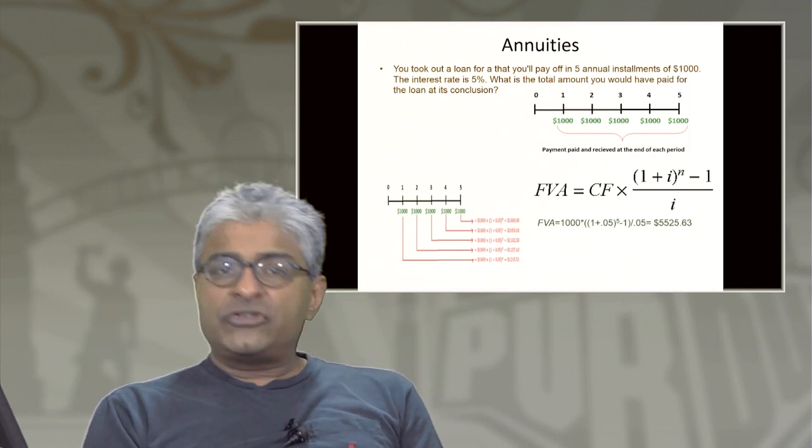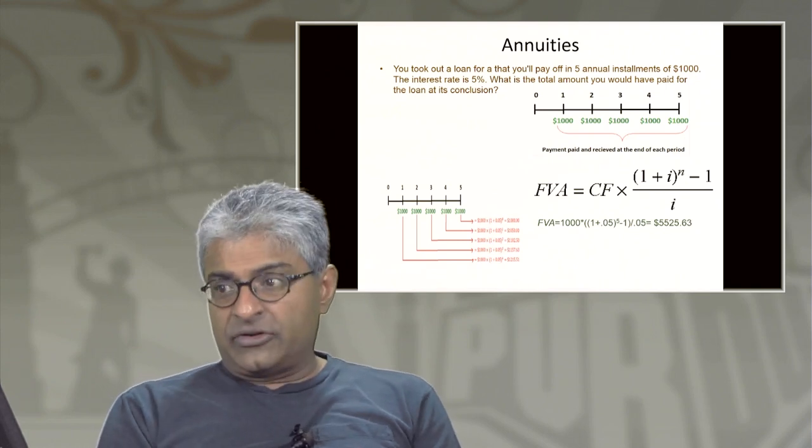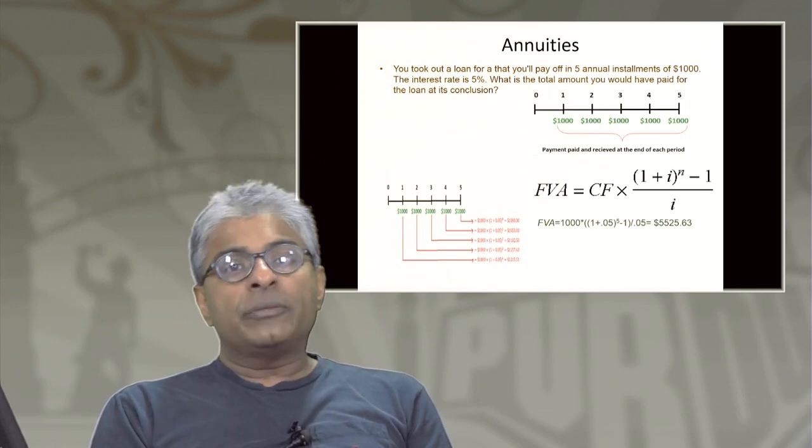Turns out we have a shorter way and a more elegant way to solve the same problem and get the same answer. And that is through these future value or present value of annuity formulas.